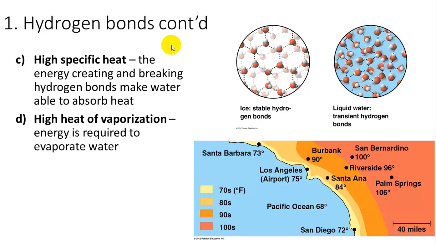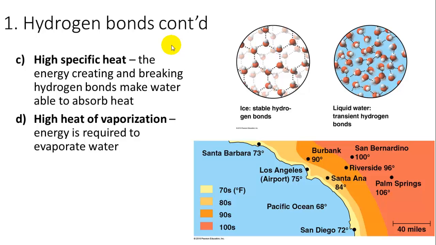It also has a high heat of vaporization, which is the energy required to evaporate water. So these are kind of similar, and I kind of use them interchangeably here, but the specific heat, or ability of water to absorb energy, is because these hydrogen bonds are constantly being created and broken.